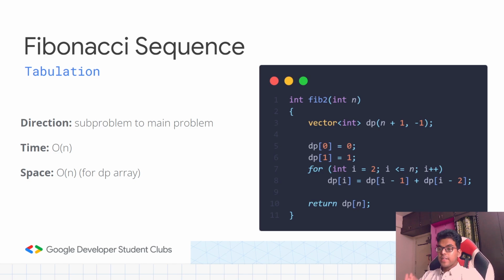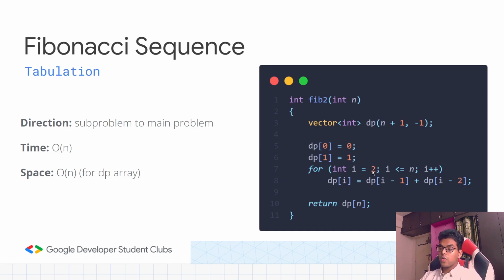Next up, let us discuss the tabulation approach for the same problem. We again initialize the DP array having n plus 1 elements, all initially initialized to -1. DP of 0 equal to 0 and DP of 1 equal to 1 are the base cases for the 0th and 1st term. The direction of filling the DP array is from sub-problem to main problem.